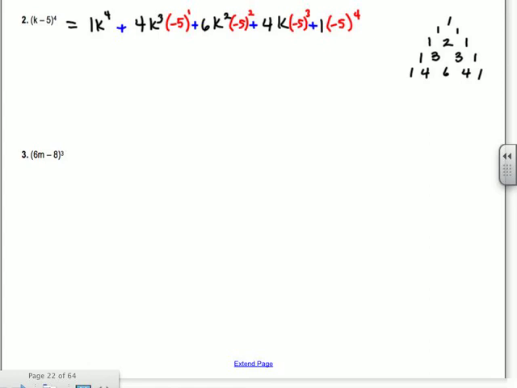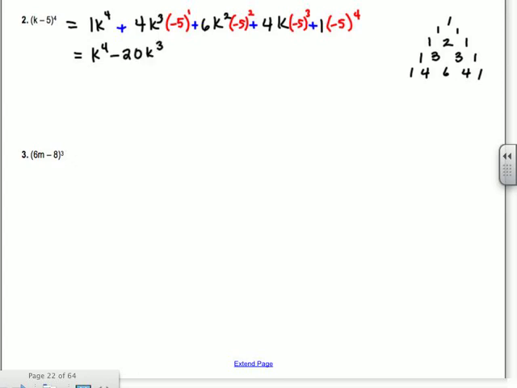All right, now we need to simplify. This is the hardest part, actually simplifying this. The first part's easy, it's just k to the fourth. The next part, you have 4k cubed times negative 5, so what do you get? Negative 20k cubed. The next part is a little bit hard for people, so I write it in 2 steps.